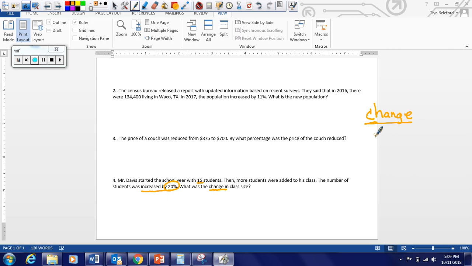So we have change over original equals percent over 100. So when we fill in our proportion, the percent goes over 100. And our change is what we're looking for, so that's your x. And 15 is where we started. So you're finding out how many people were added to the class.